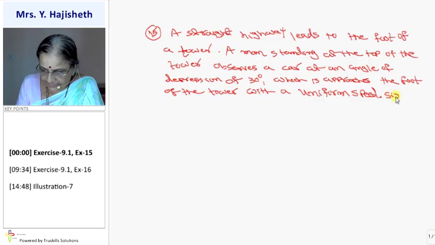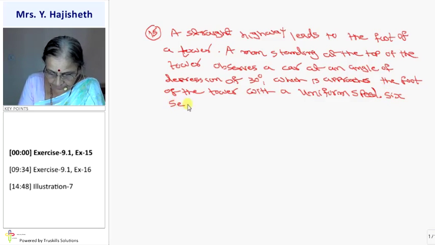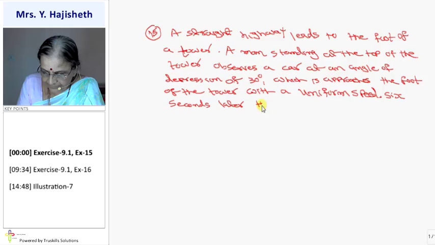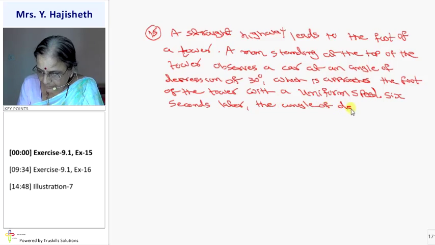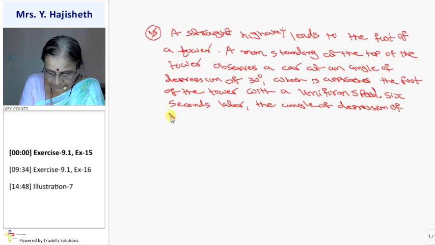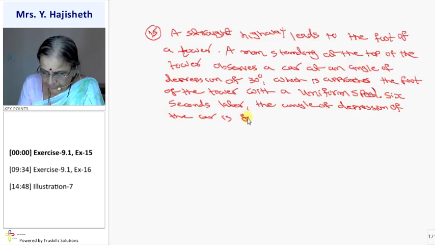6 seconds later, the angle of depression of the car is found to be 60 degree.